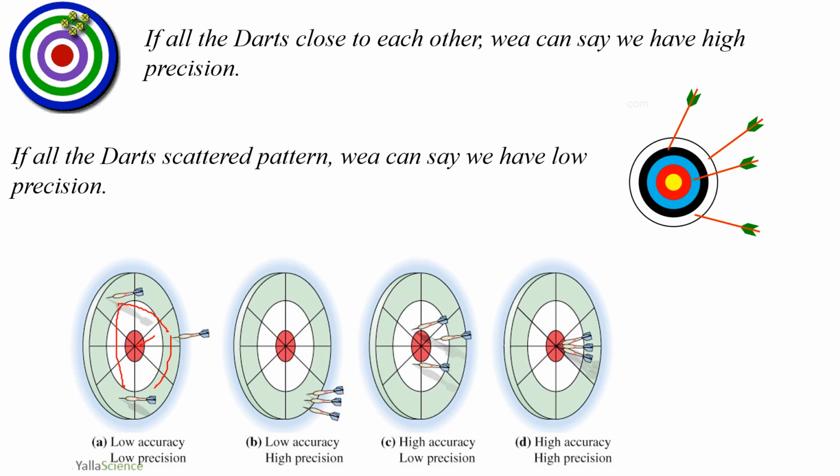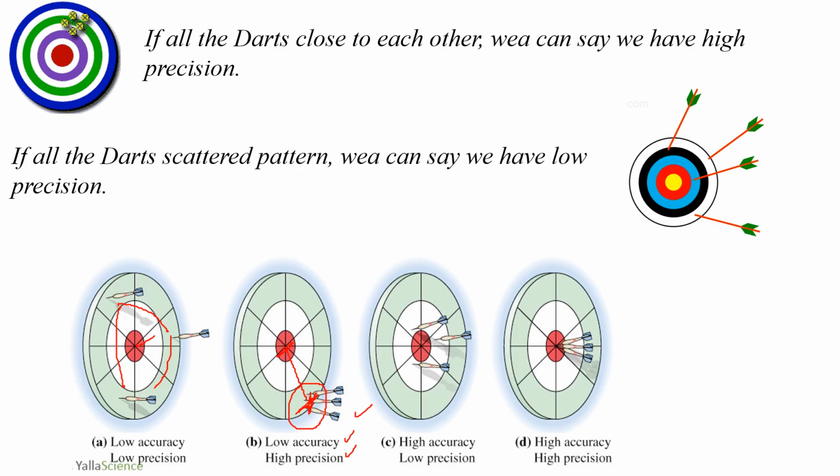Then observe the second picture. Here all the dots are very close to each other, so it has very high precision. But all the dots are far away from the bullseye. Then we say it is low accuracy and high precision. Next we see the third one.